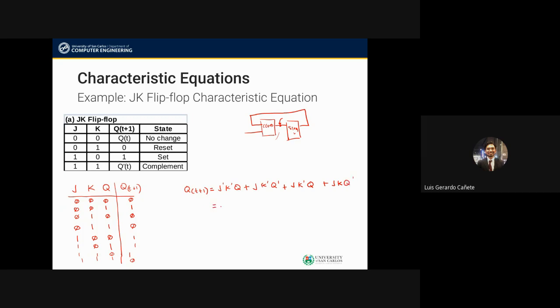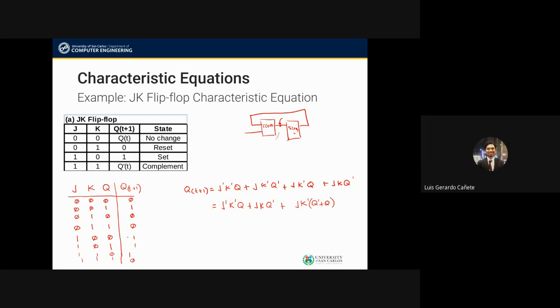So can we simplify this? Yep. Looking at this, I can see that JK and JK right here, we can take out Q so that this would become J, K, Q plus JK, Q bar plus this one is JK bar, Q bar plus Q. Is this correct?